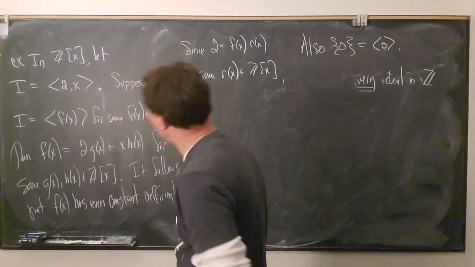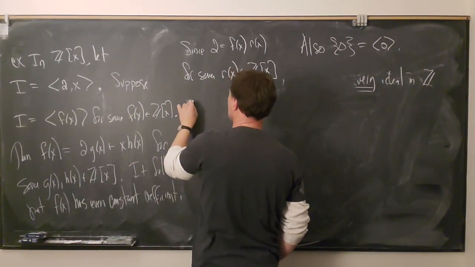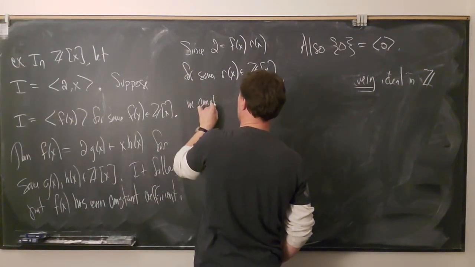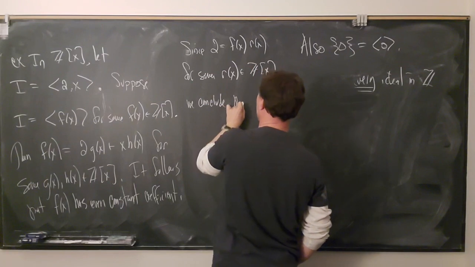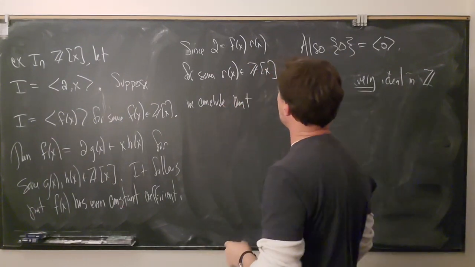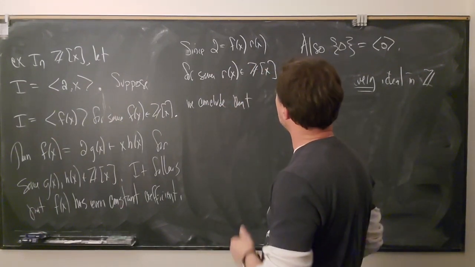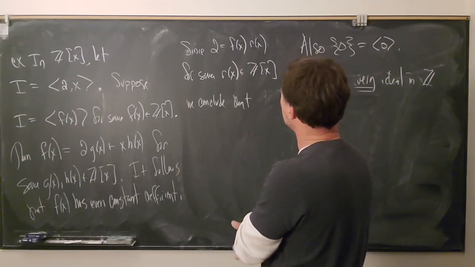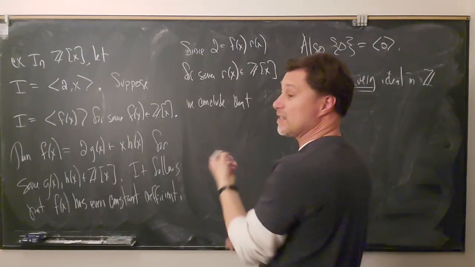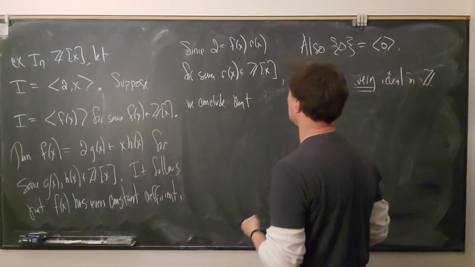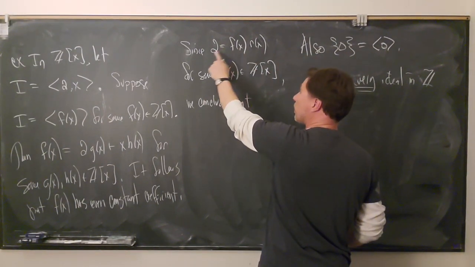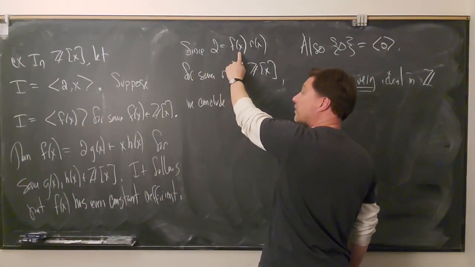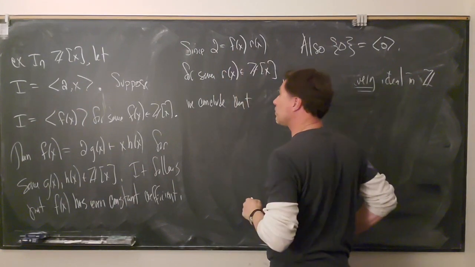We conclude that, well, we're in an integral domain here. Degrees cannot go up when we do this multiplication. So if I've got degree 0 over here, I've got to have degree 0 times degree 0.